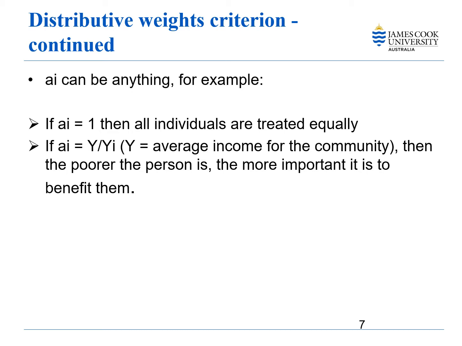Okay, so you can see that the weight can play a role in the final figure for net social benefit. If a_i is equal to 1 for all individuals, then every individual is equally important to the society. a_i could also be the average income for the society divided by individual i's income.